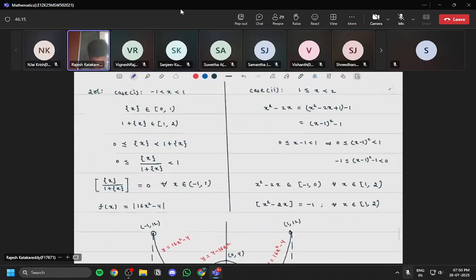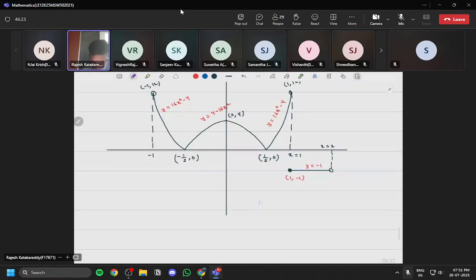One moment, let me change, this must be g of x. y = g(x) has a break at x = 1. y = g(x) has corners at x = −1/2 and x = 1/2.